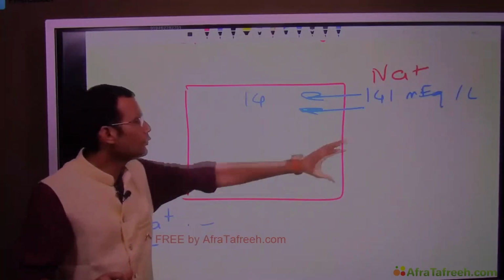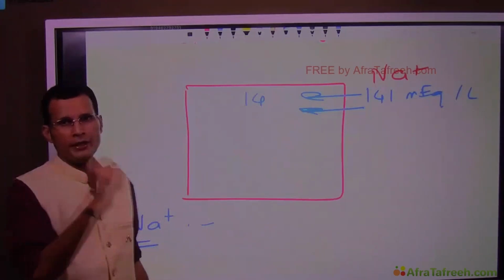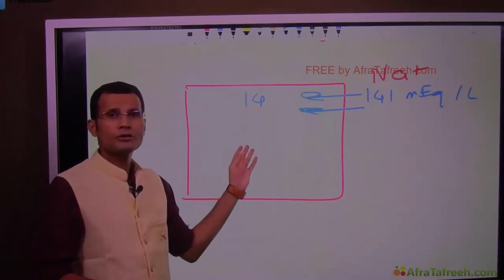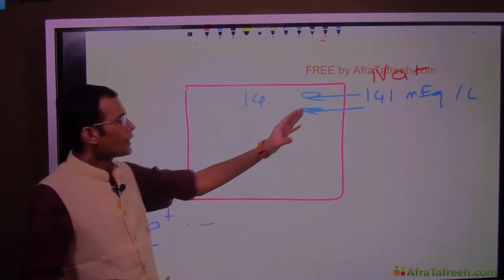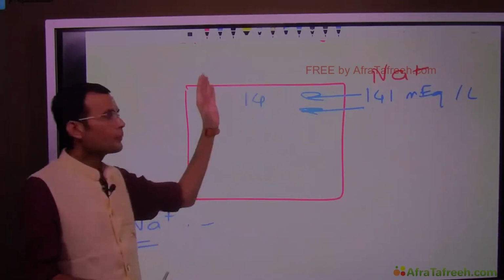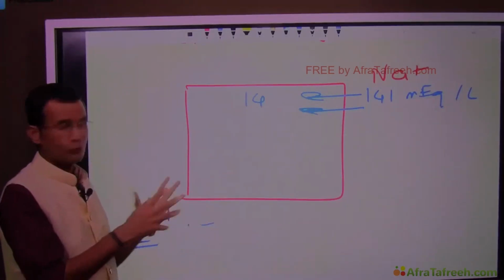It's causing the diffusion of sodium into the cell. That's by concentration gradient. Diffusion occurs from high to low concentration, and so sodium's concentration gradient will pull the sodium into the cell. That's one point for sodium.